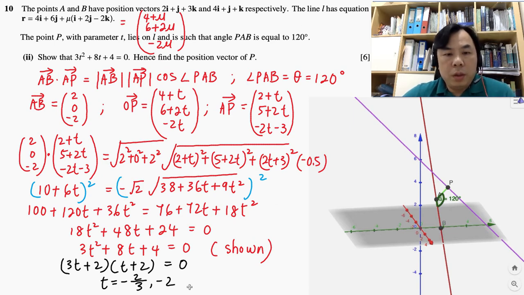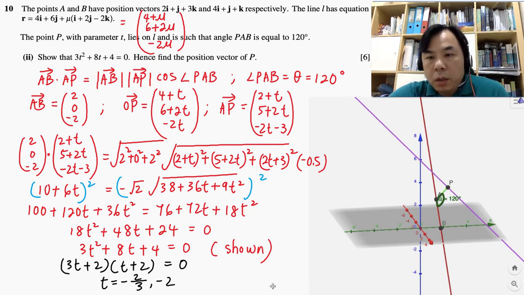Yeah, it could be either one of these that would actually yield the angle equal to 120. Okay, 120 there. All right.